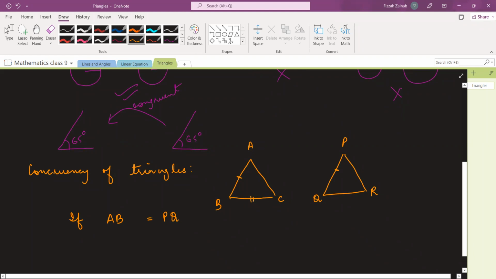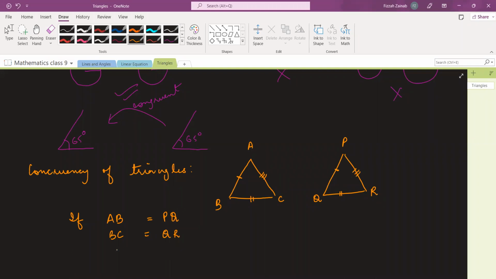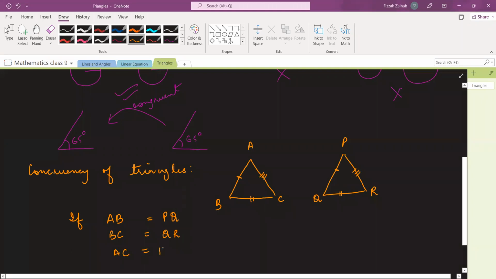And BC side is exactly equal to QR. All right. And this third side AC is exactly equal to PR. So AC is equal to PR. So if all the three corresponding sides of two triangles are equal, right? And angles.